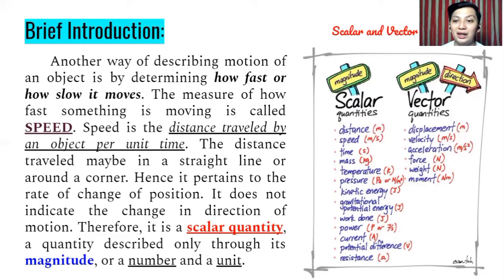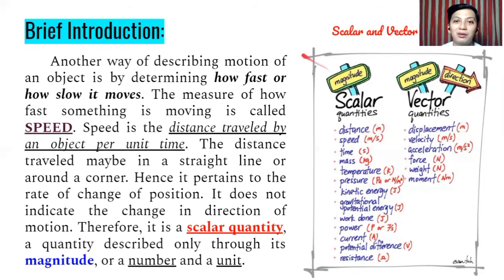So usually, ito yung makikita nyo na dun sa mga sasakyan. Gaano kabilis kayo tumakbo? 5 meters ba yung na-cover nyo in a second, or 10 meters ba yung na-cover nyo in a second? Usually, narinig nyo rin to sa mga weather newscaster natin, di ba? Tumatakbo ng 10 kilometers per hour yung bagyo. Ibig sabihin, kapag umabot ng 200 kilometers per hour, sobrang bilis na ng bagyo, maraming nagsasalanta.